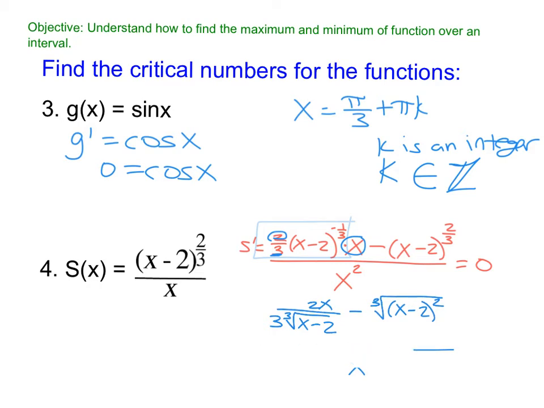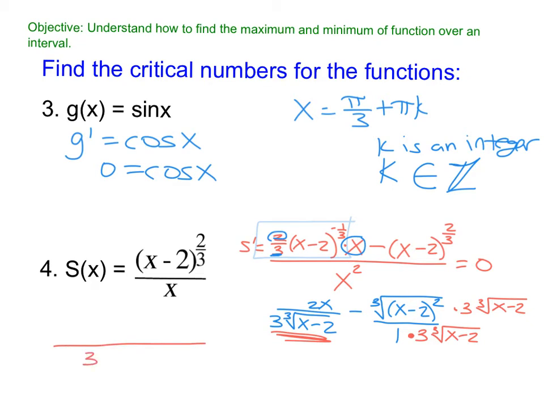So now, in order to solve this, we're going to find a common denominator. This left one is a fraction, so I'm going to put this over 1. So the common denominator is this guy. I'm going to multiply by 3 times the cubed root of x minus 2, and then 3 times the cubed root of x minus 2. So my whole denominator is 3 times the cubed root of x minus 2. But now, let's see what we get here.